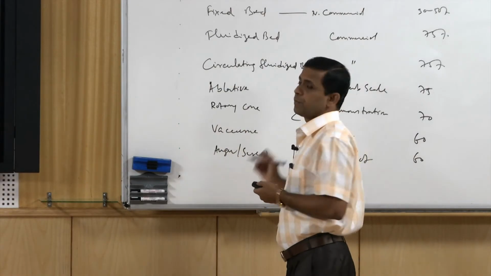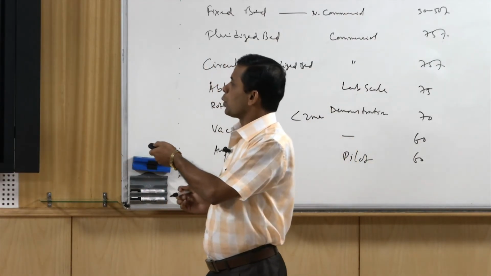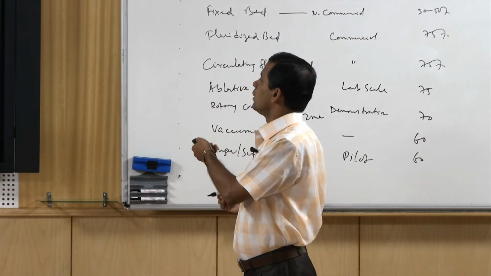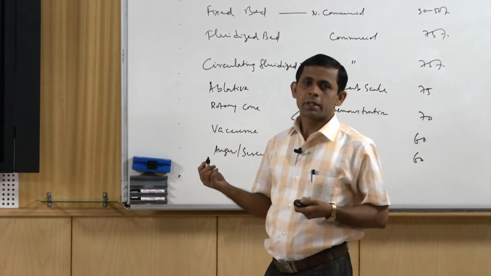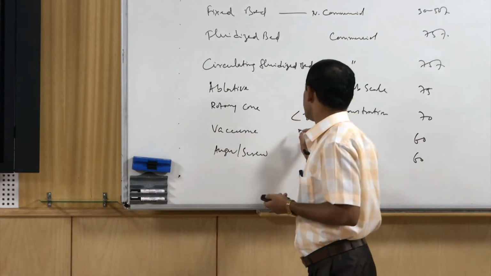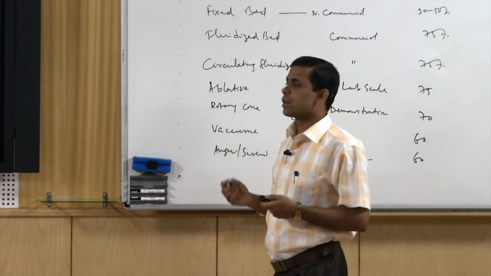Rotary cone also has a high feed size specification, but ablative has no such specification, any feedstock can be used. Vacuum pyrolysis can also use any feedstock.